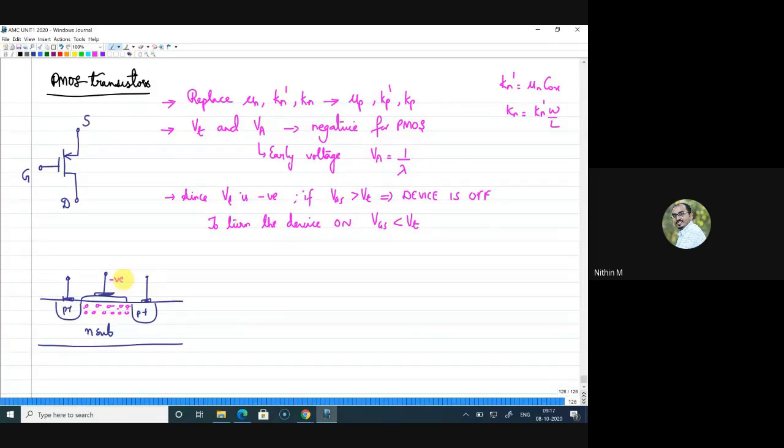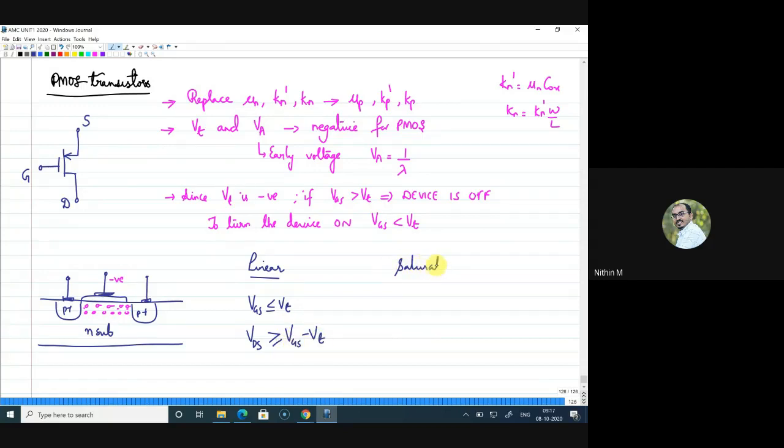Now, two more things we need to note down: the condition for linear and the condition for saturation. The condition for linear is your VGS should be less than or equal to Vt. Second, VDS should be the exactly opposite condition: VDS should be greater than or equal to VGS minus VT. That is the condition for linear.